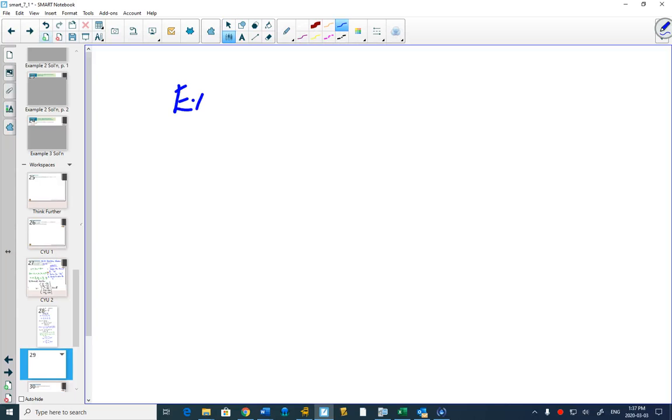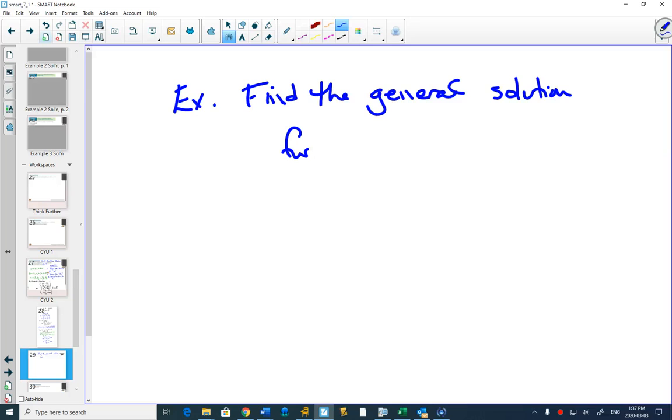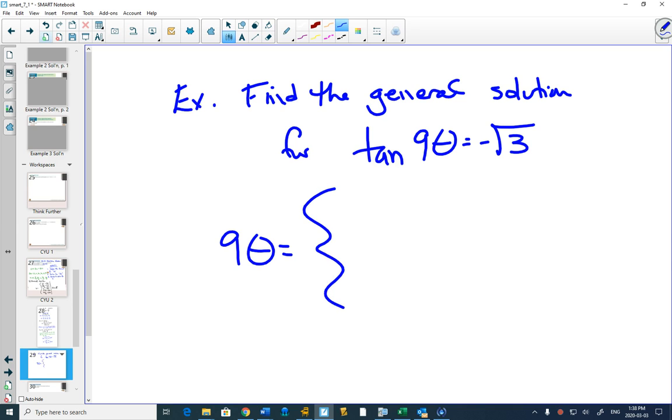So one more example. Find the general solution for tan of 9 theta equals negative root 3, using the second method. 9 theta would equal, when is tan negative root 3?